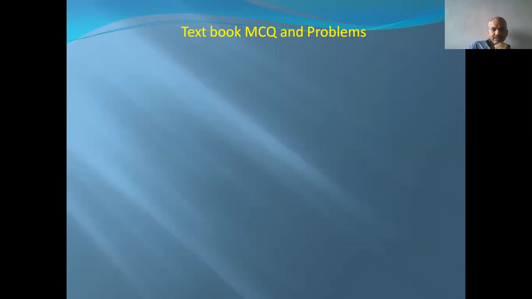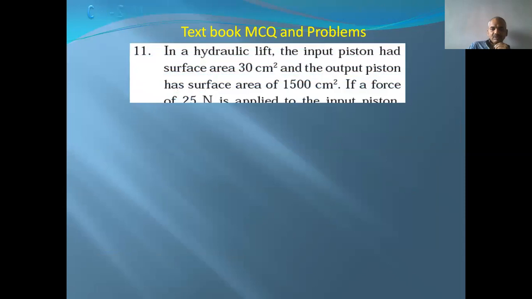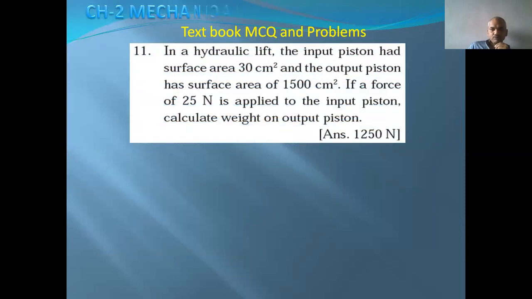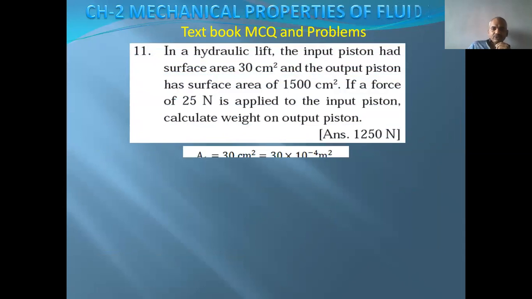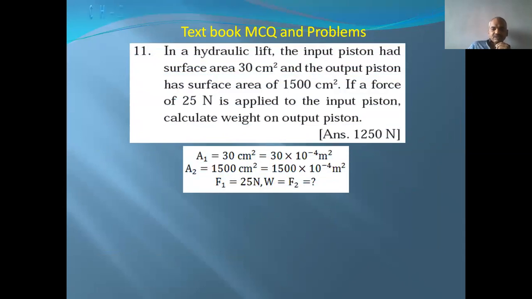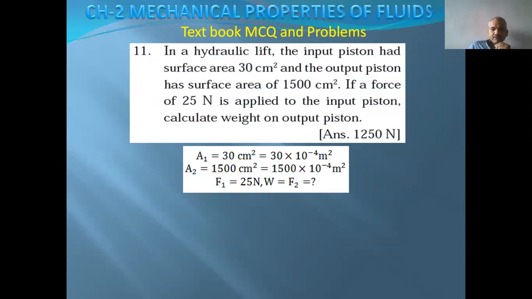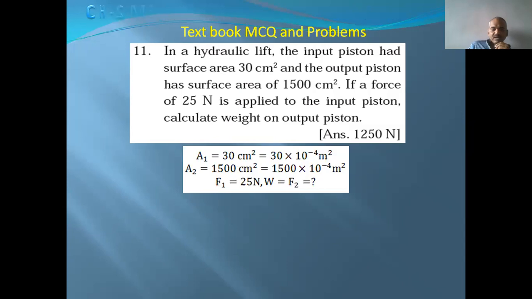Let's move to the next problem, that is 11th number. In a hydraulic lift, the input piston has a surface area 30 centimeters square. We denote it as A1, 30 centimeters square. One should convert it into meters square, that is 30 into 10 raised to minus 4 meters square. The output piston has a surface area 1500 centimeters square, and in SI unit it is equal to 1500 into 10 raised to minus 4 meters square.